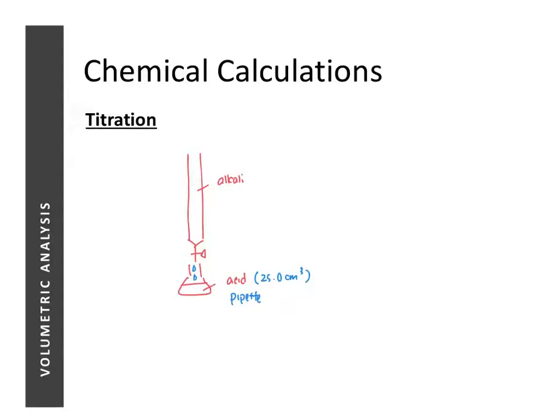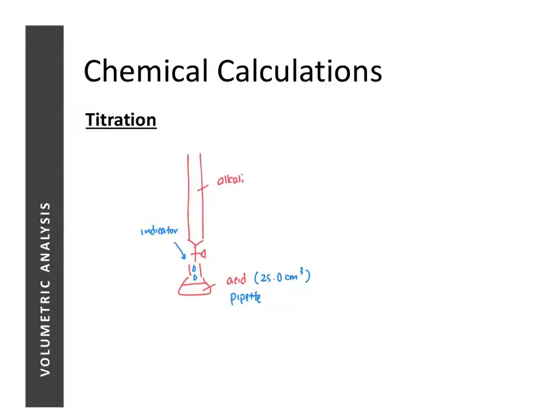Now, how do we know that the acid has been just nice reacted away? We can add an indicator. Remember, when the acid is just nice reacted away, in the context of O-levels, the solution will be neutral. As a result, the indicator will show a different color from when it's acidic or alkaline. So when the indicator changes color, it tells you that you have added just enough alkali to react away all the acid.